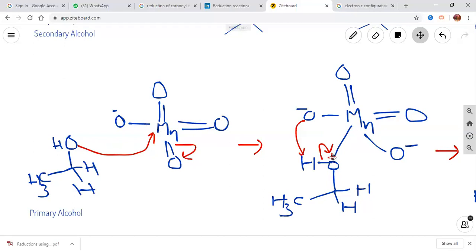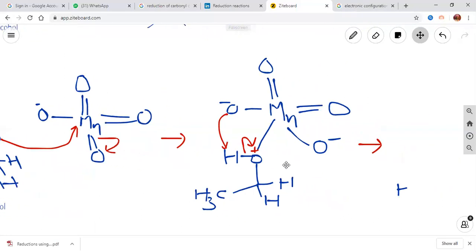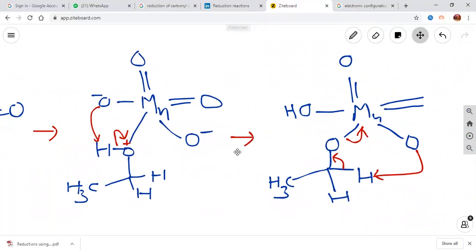So this oxygen bound to the manganese and having a negative charge is able to abstract this hydrogen. This bond is broken and the electrons go to the oxygen to neutralize it. So we get this structure.